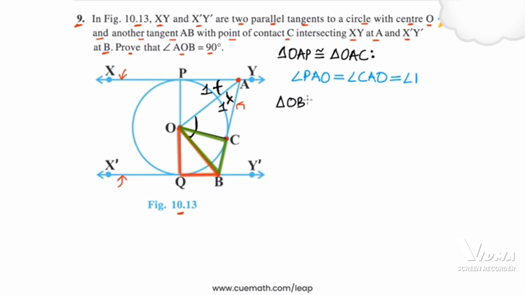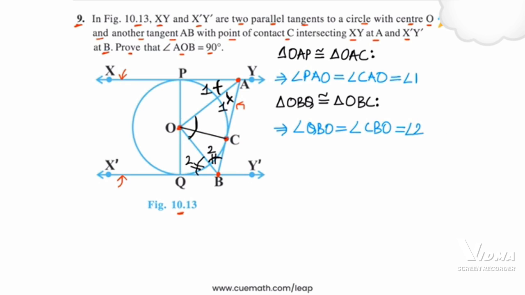So triangle OBQ is congruent to triangle OBC, and from here it follows that angle QBO is equal to angle CBO, correct? So angle QBO is this angle, CBO is this angle, these two angles must also be equal. So let's call these two angles angle 2. Alright. So both these angles are equal to angle 2.